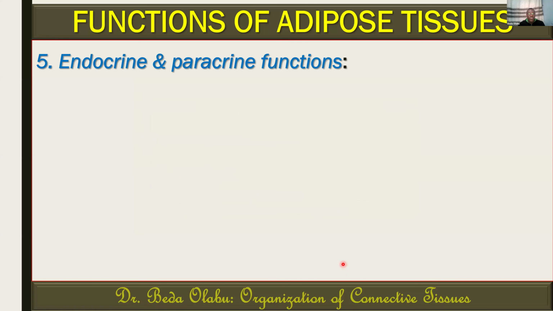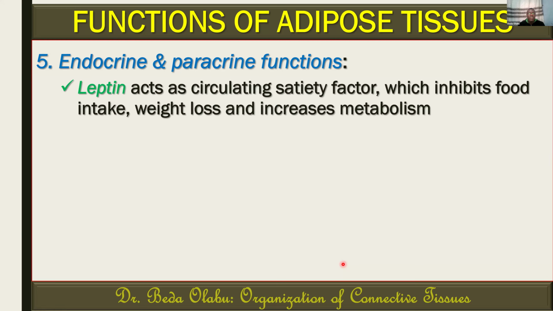Fifth function of adipose tissue is the fact that adipocytes are able to produce some chemicals into the bloodstream, which act as hormones, or in the neighborhood, where they function as paracrine factors. In particular, we know of a hormone called leptin that is known to act as a circulating satiety factor.